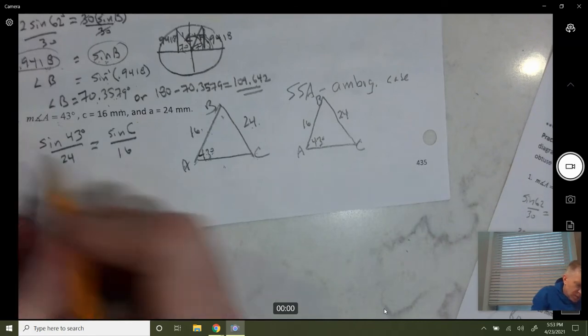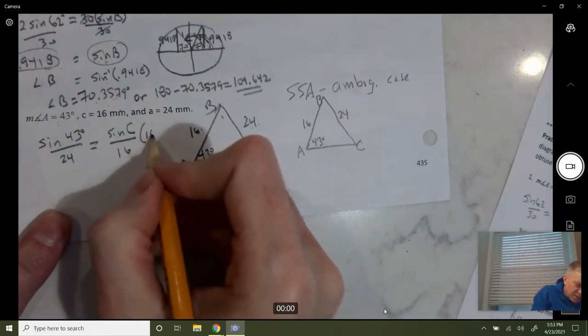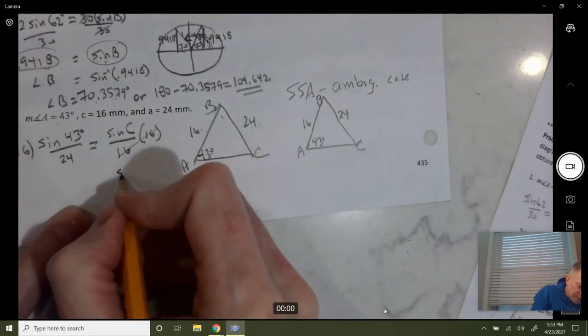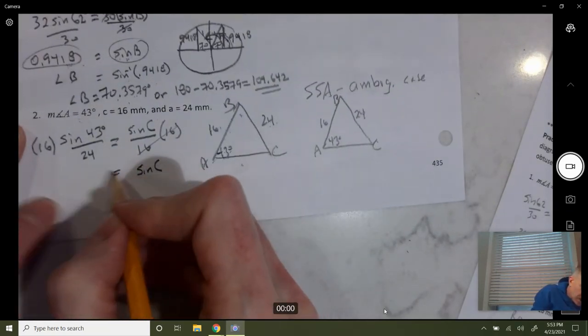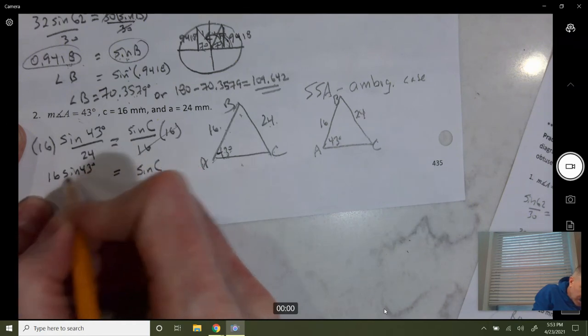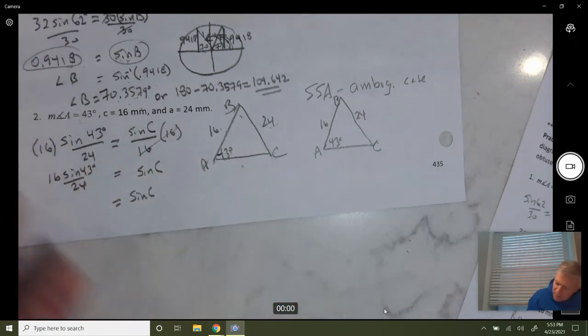You can cross multiply, or you could really just think about multiplying both sides by 16. Then these cancel. You've got the sine of angle C by itself, which is equal to 16 sine of 43 degrees over 24. So the sine of C, plug that in your calculator.